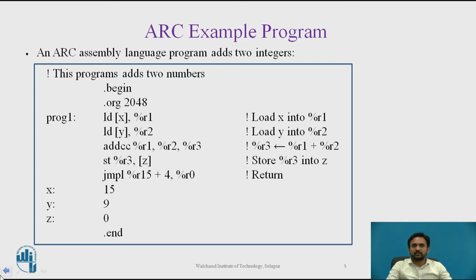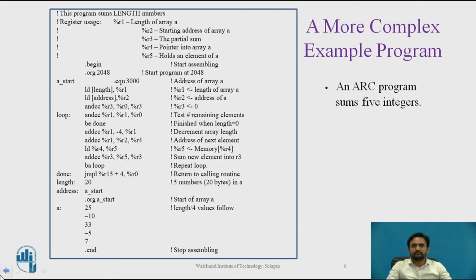The ST instruction then stores R3 in memory location Z. The JMPL instruction with the operand R15 plus 4 and R0 causes a return to the next instruction in the calling routine, which is the operating system, if this is the highest level of the user program, as we can assume it is here. So the variables x, y and z follow this particular program.